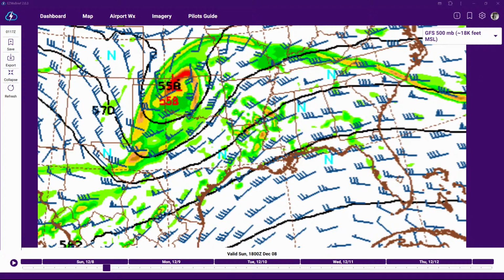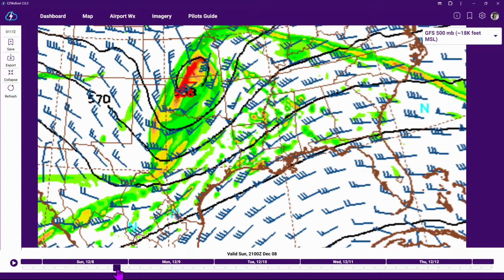We do know that's moving in, so when we get to 21Z, you can see that speckled area of vorticity pattern, color-wise, all through that region as that next upper level trough moves in.